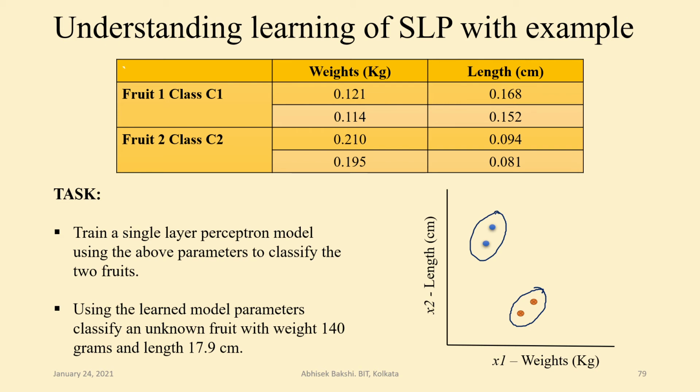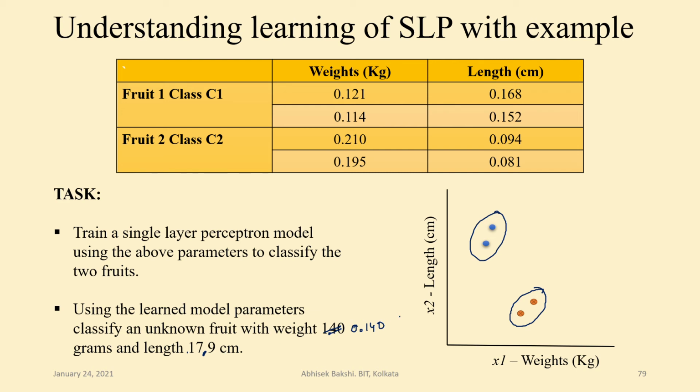What is our goal? Our goal is to train a single layer perceptron model using the above parameters to classify the 2 fruits, and then find the model parameters to classify an unknown fruit having weight 0.140 kg and length 0.179. The point will be somewhere here.